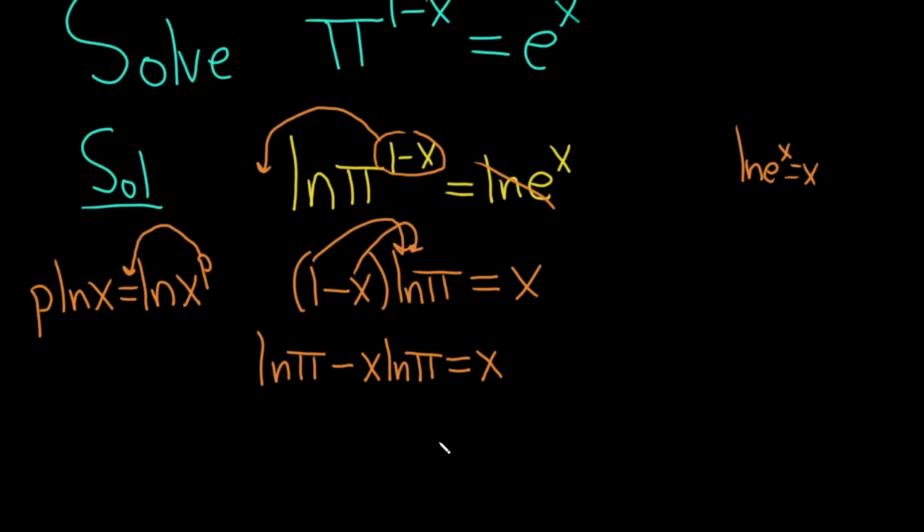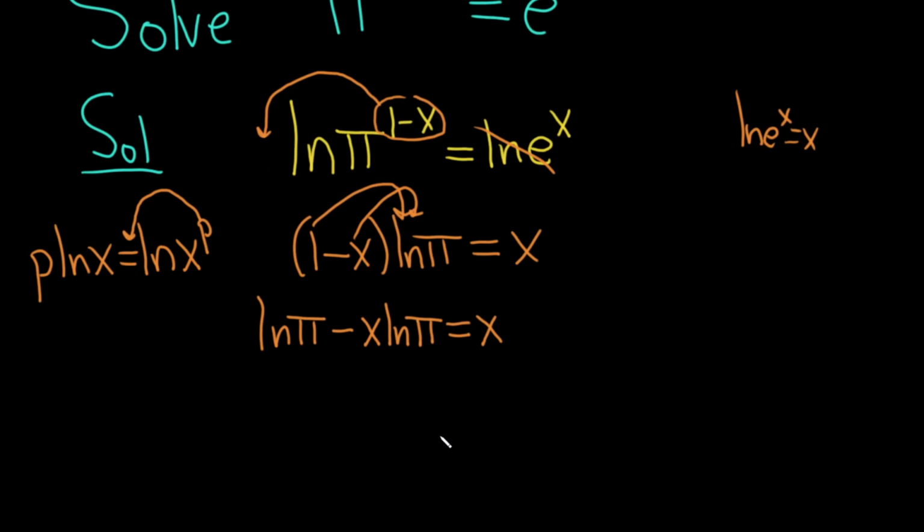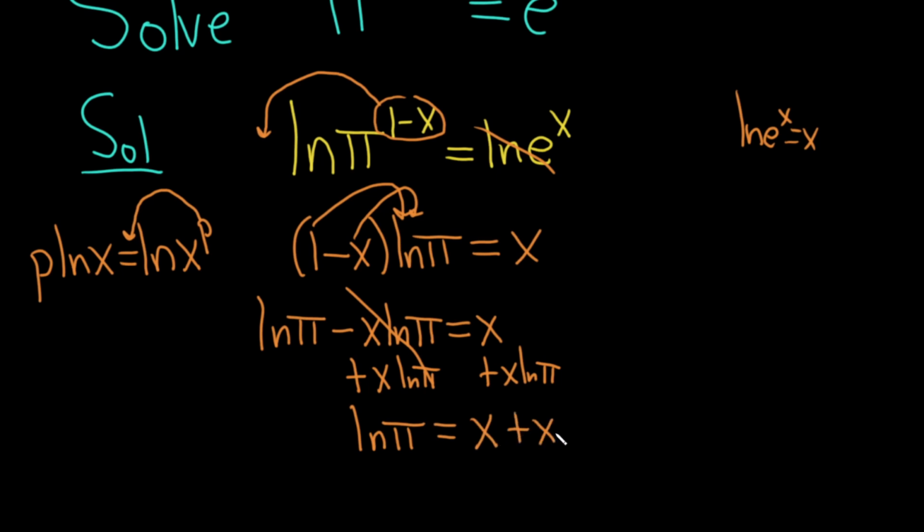We're looking for x, so we should try to get all of the x's on one side by themselves. So we'll add x natural log pi to both sides. These go away, so we have the natural log of pi equal to x plus x natural log of pi.